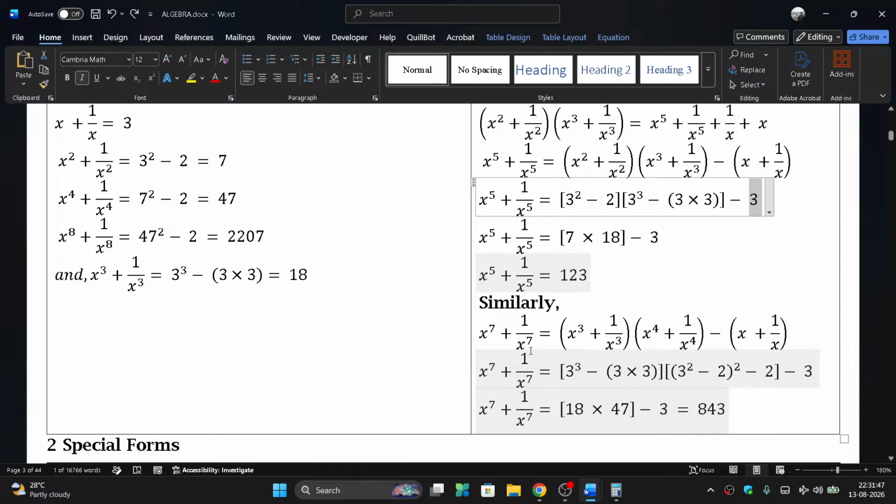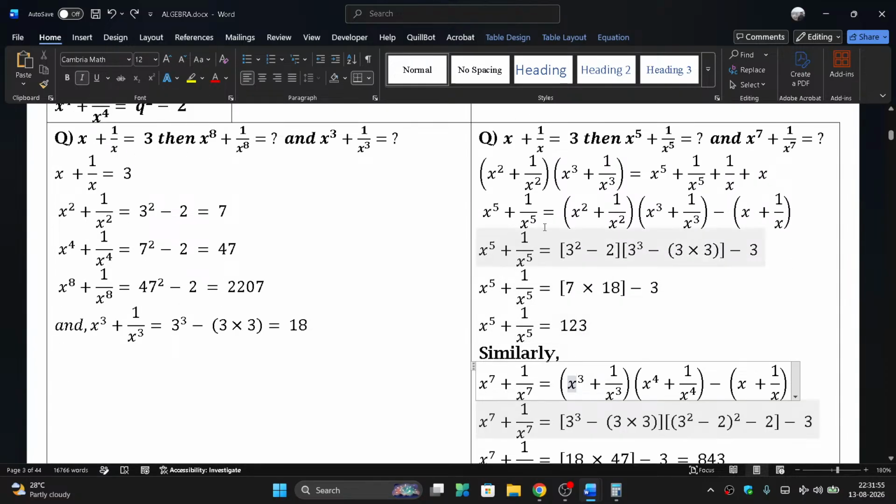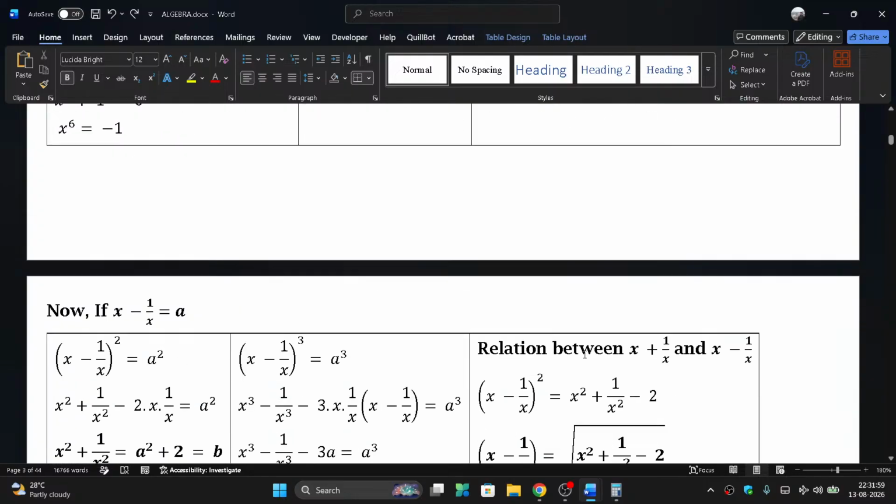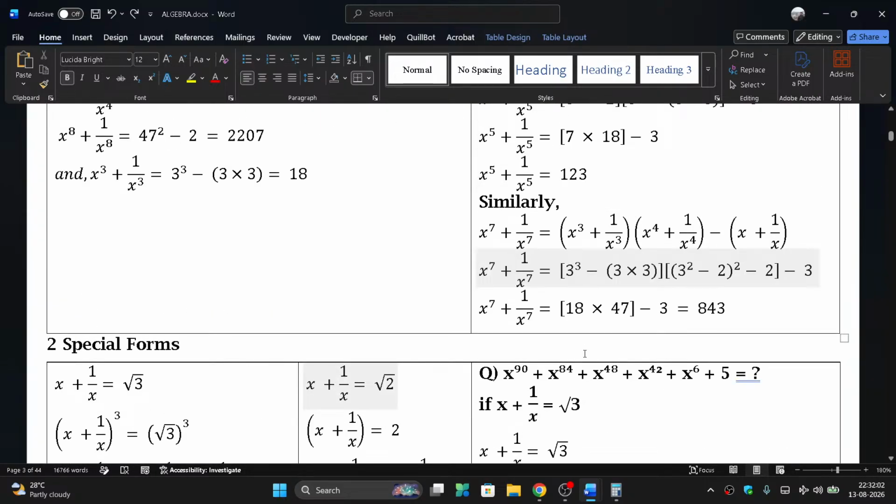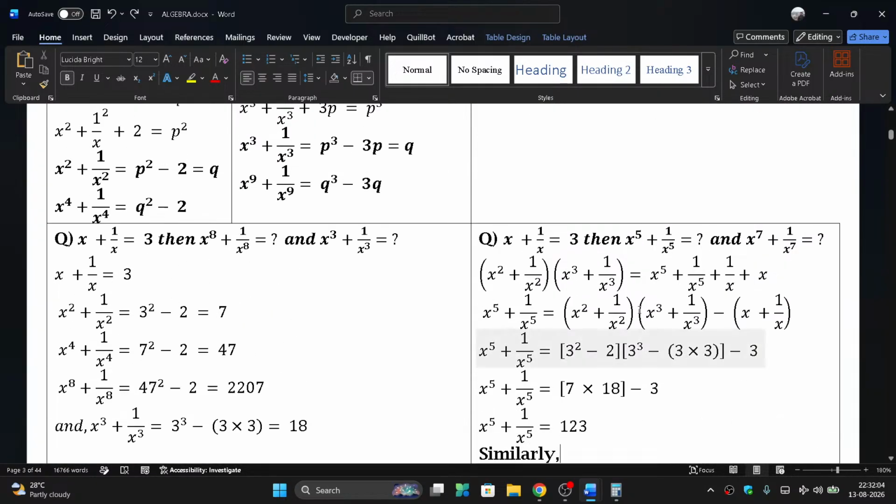In a similar way, we have to find the value of x to the power 7 plus 1 by x to the power 7. Similarly, can we write, we have space to write all these things.